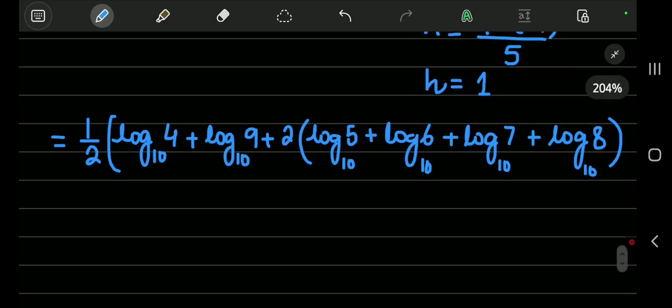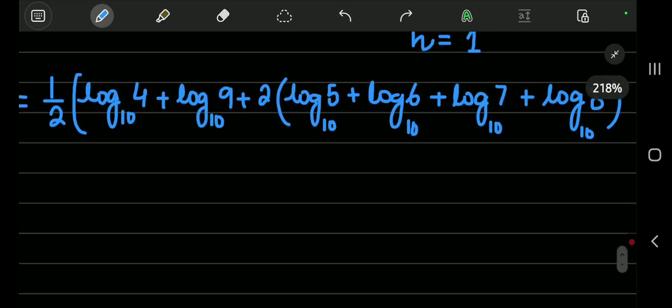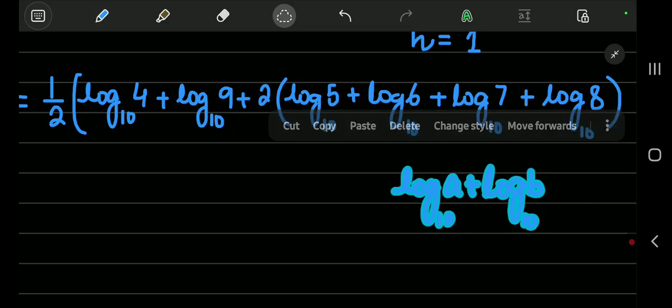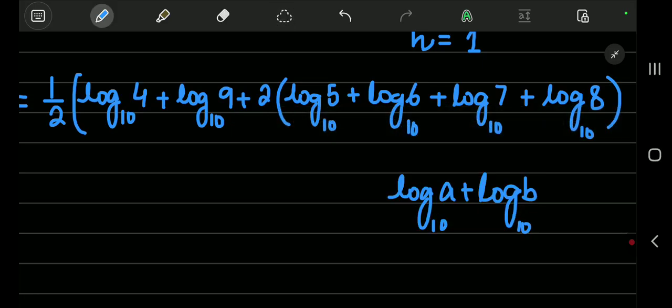So when we solve this, we have two logs with the same base, two numbers adding. When we have this, what do we do? Log of a plus log of b with the same base, let's say 10, gives you log of ab, the product.